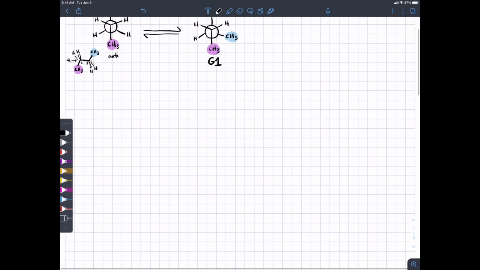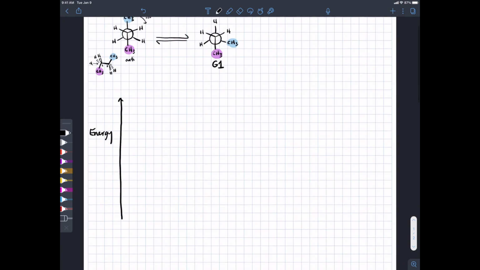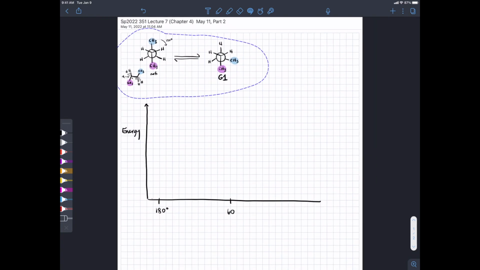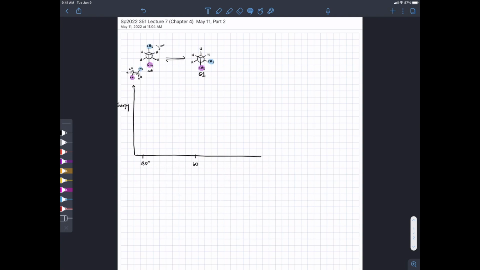And now, based on what we learned in Spartan, let's draw their relative energy levels. In the anti-conformation, the dihedral angle between methyl groups is 180. After we've rotated 120 degrees, the dihedral angle between them is about 60.